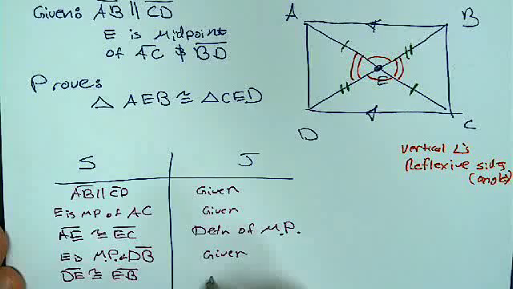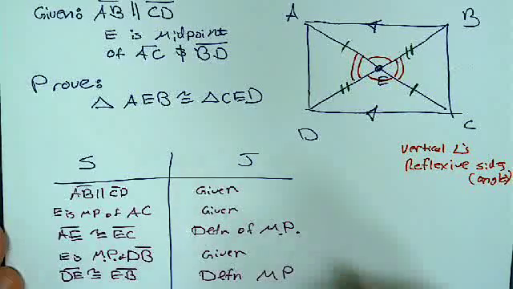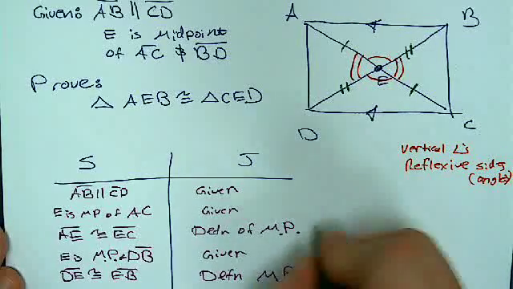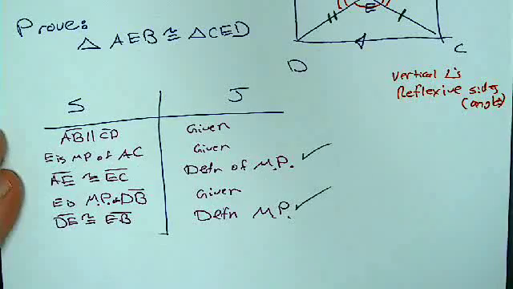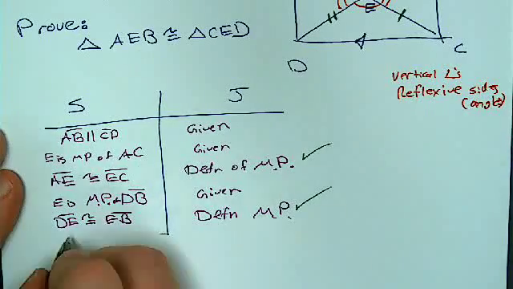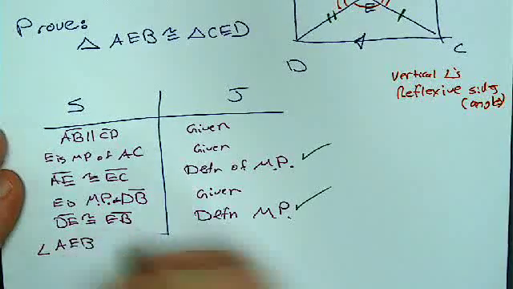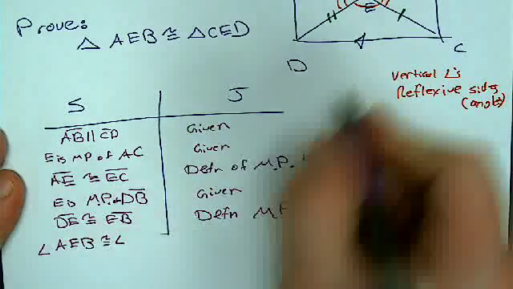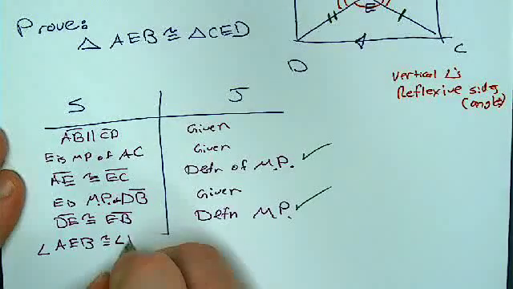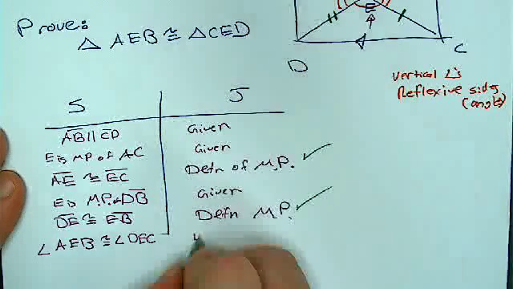So that's 2 out of my 3 statements. If I have a little scoreboard going of what I need to prove, that's 2 of them. Now I can knock out the 3rd statement by pointing out that angle AEB, that's this one right here, is congruent to angle DEC, that's this one right here, by the vertical angle theorem.